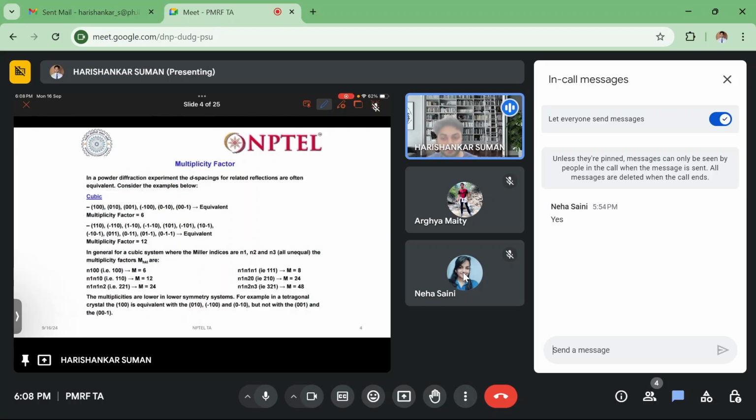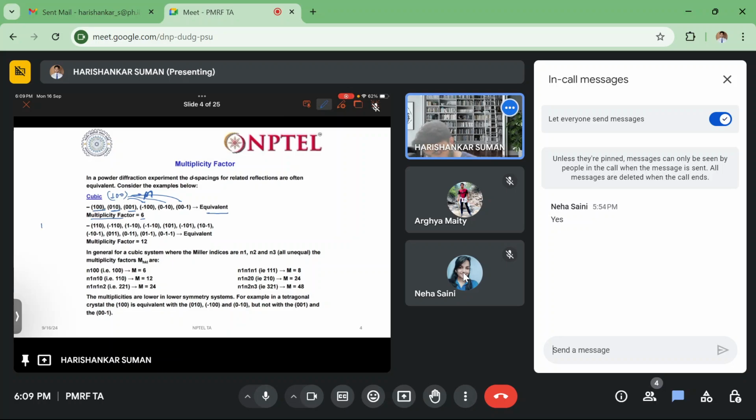Let's see multiplicity. Do you know what multiplicity is? Let's consider 100. For this family of planes, we can arrange first, second, third like that, also minus. These are equivalent, so the multiplicity factor is 6.